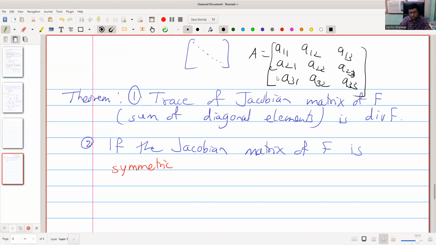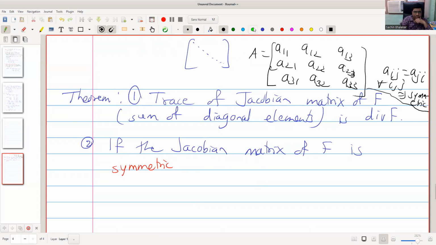And here, A is symmetric means Aij equals Aji for all i, j. So this means A is symmetric.